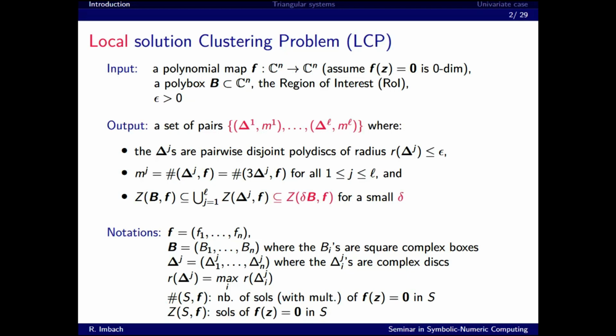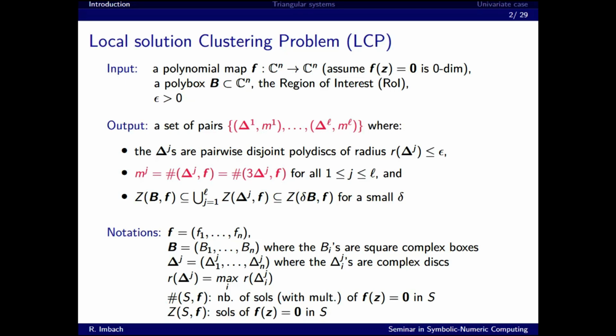So we only want the solutions that are in a small inflation of B. This is why we call our problem local. And we also want that in each polydisc delta J, when we multiply the radius by 3, we do not catch new solutions. This is to report a natural cluster structure of the solution.